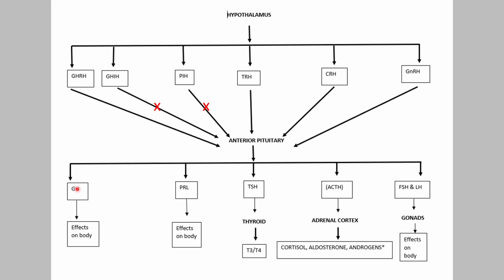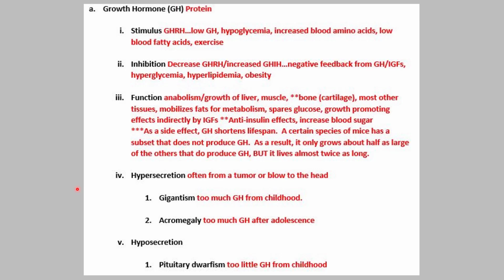Okay, so now we've talked about how the hypothalamus and the anterior pituitary gland work together. Let's now talk about specific hormones from the anterior pituitary, what they do. And we're going to begin with growth hormone, GH. Growth hormone, it's a protein, it's an amino acid-based hormone.